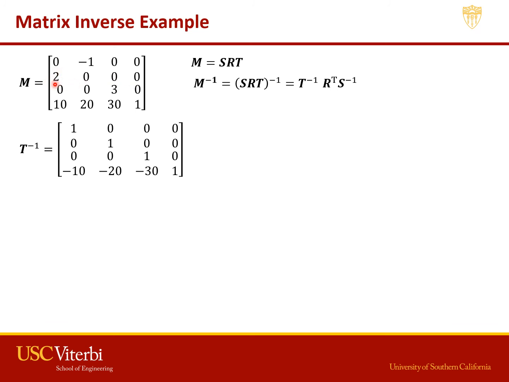And the magnitude of the third row, the z row, is 3. So my scale will be 1, 2, 3. Once I've removed the scale from this matrix, I would have a -1 here, a 1 here, and a 1 here after I've removed that scale. That'll be my rotational part.